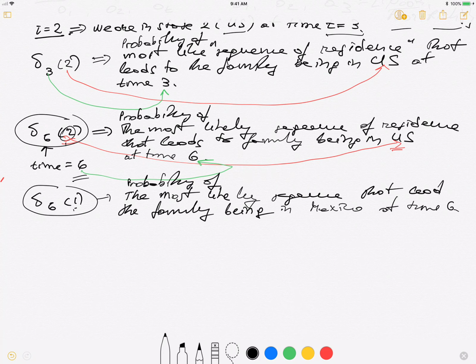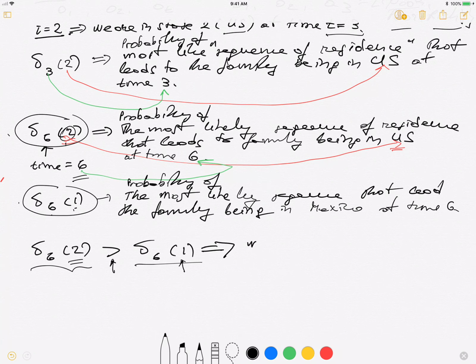We really don't know where the family is at time 6, but we will look at these two probabilities and say, if the probability of the most likely sequence of events that led the family being in United States, index 2, is larger than the probability of the most likely sequence of events that led the family to Mexico, index 1, if this is true, then most likely the family ended up where?